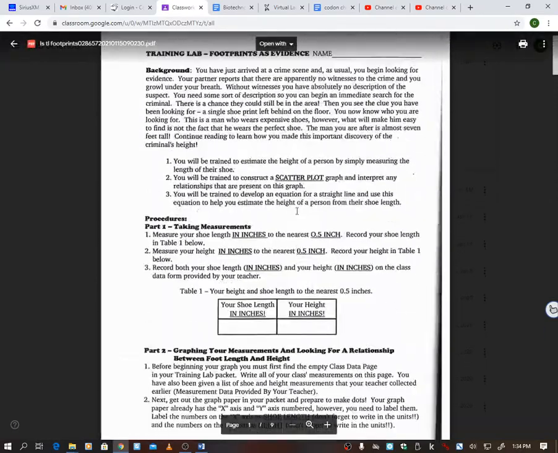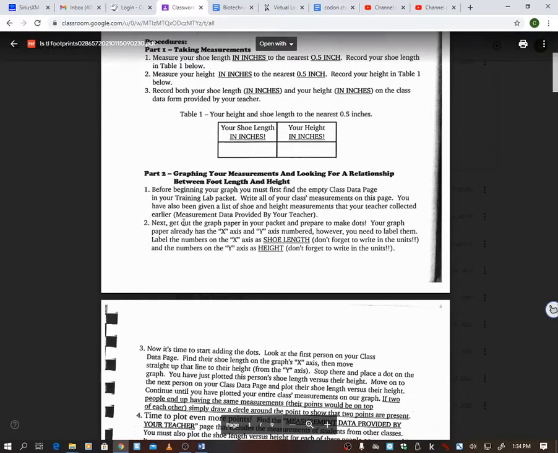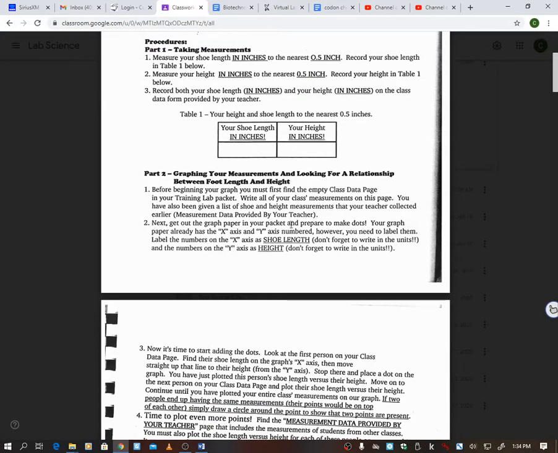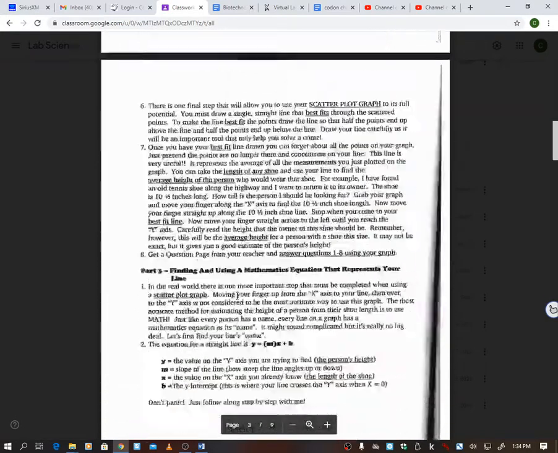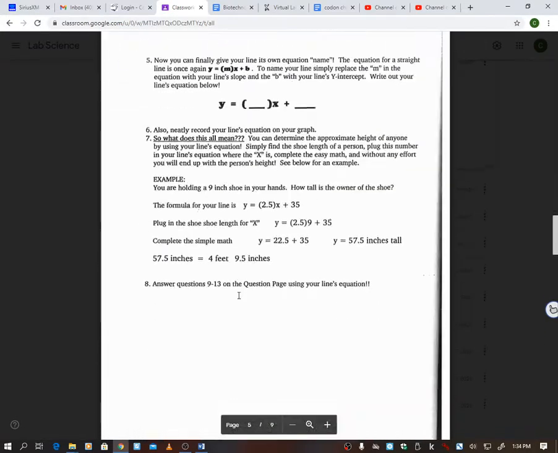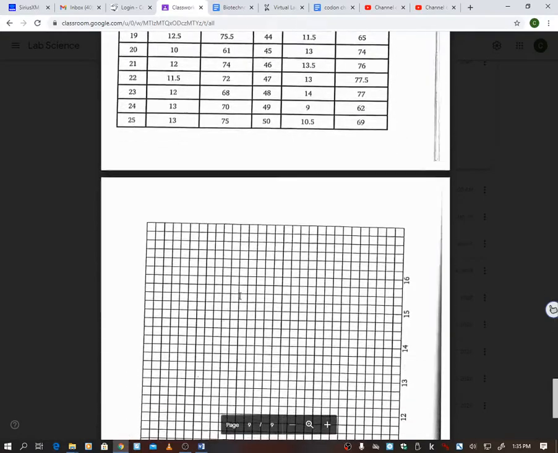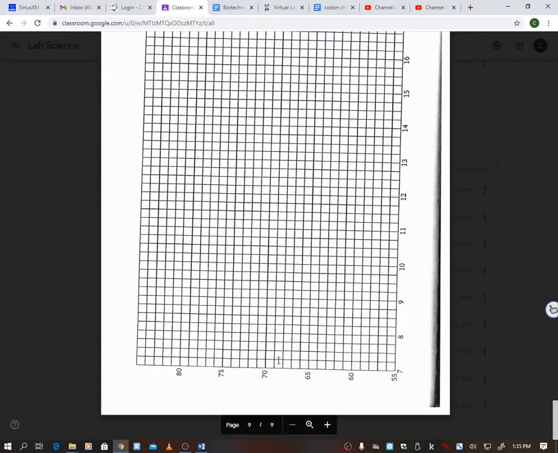All right, so you're going to go on there and you're going to then set up your graph that shows you the x-axis is shoe length, the y-axis is height. So then you're going to start adding dots. So on the graph that is at the very bottom of this page, you can see where it is right here.